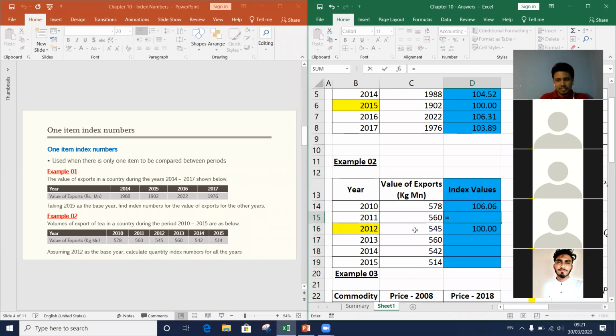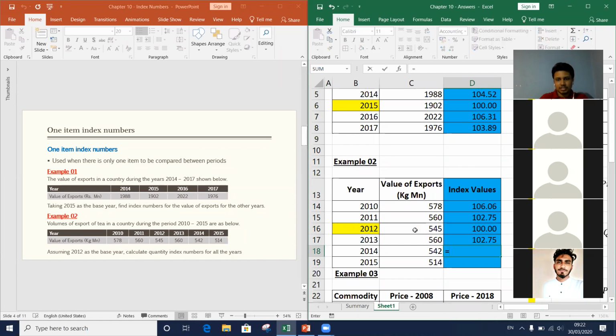Here, the current year figure is 560. Need to divide this by the base year figure and multiply by 100. Here also the same. Current year figure is 560, divided by the base year figure 545, multiplied by 100. 102.75.